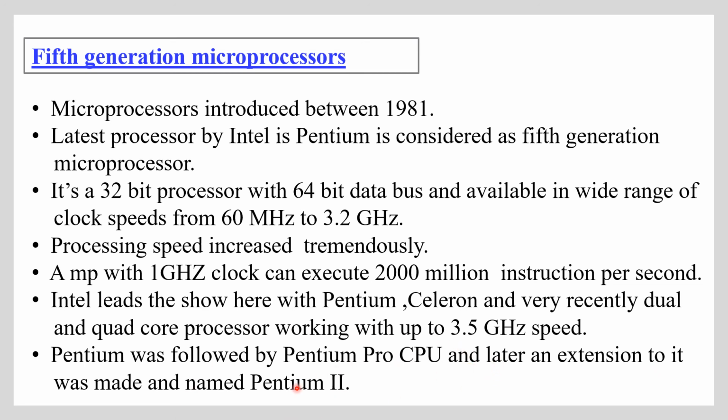Then multitasking was done, then the OS. Now you are using Windows 10, yes or no? Previously the operating system was DOS, then Unix, then Linux, and now we are working under Windows. Clear?